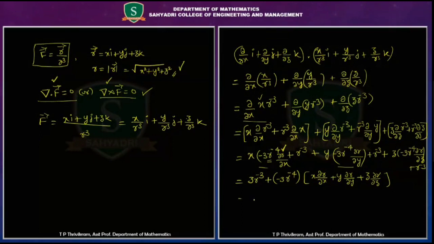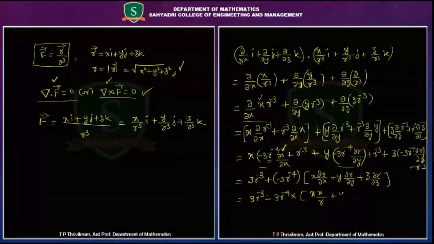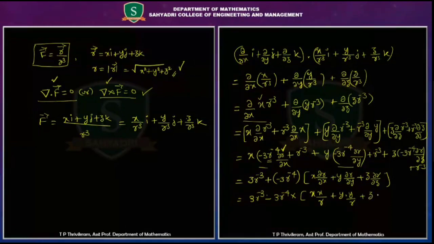So this one is equal to 3 r power minus 3 minus 3 r power minus 4 into, here x into dou r by dou x can be written as x by r, plus y into y by r plus z into z by r.